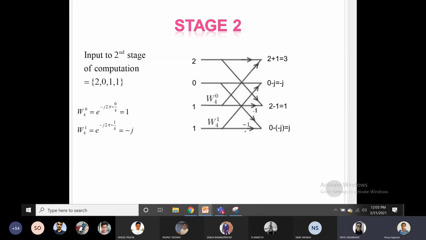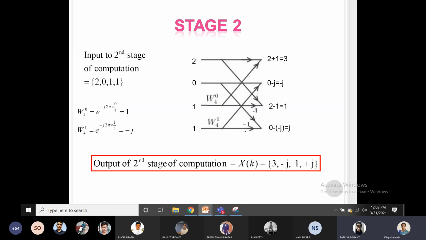Minus of minus will be j. So your output of the second stage is 3, minus j, 1, j. 3, minus j, 1, j. This is the output of the second stage of computation, which will directly give you the DFT of x of n, which is x of k.